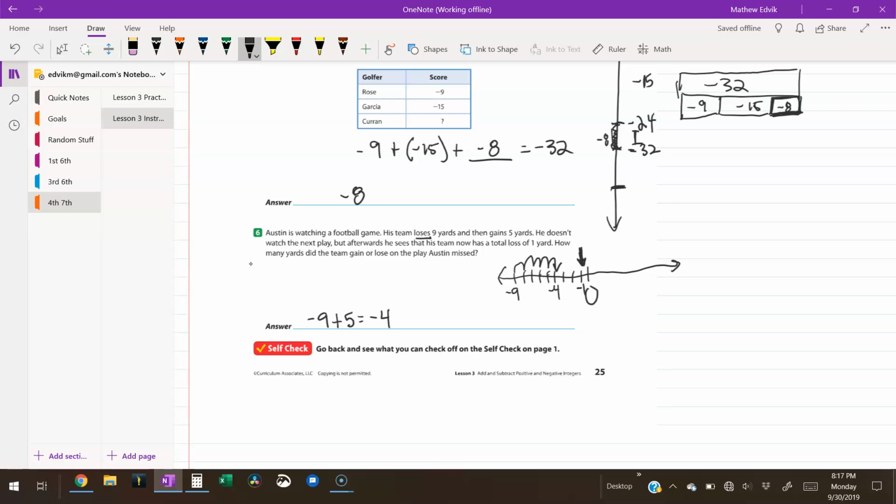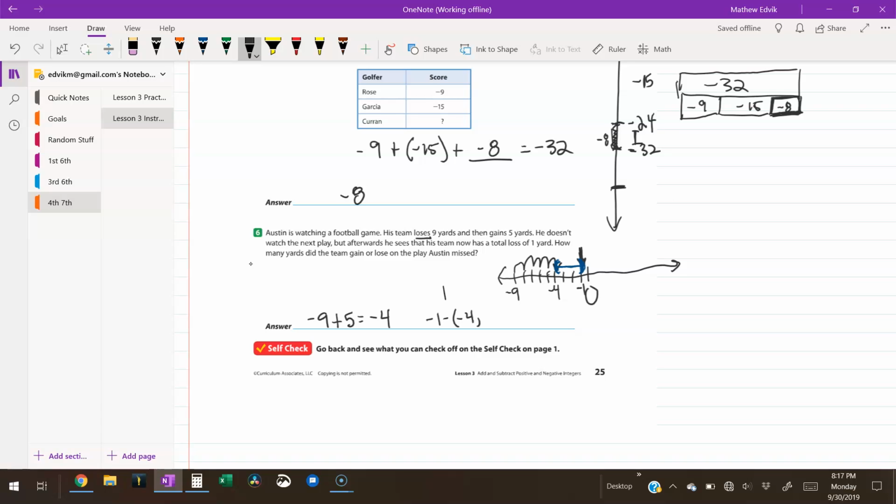So this part right here, that is the amount of yards that they gained in between the play. And the way we can set that up is negative 1 minus negative 4.